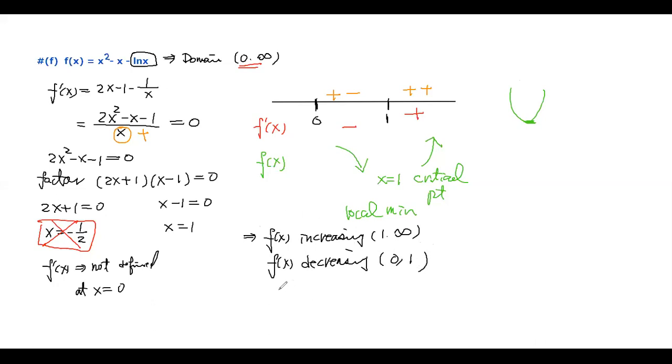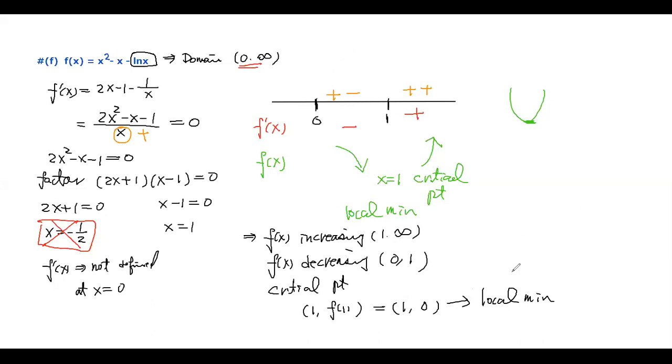And then the critical point is f of 1. So you substitute the 1 into f of x, and this gives 0 here. So this is our local min here, all right?